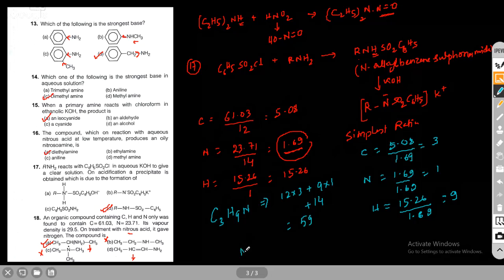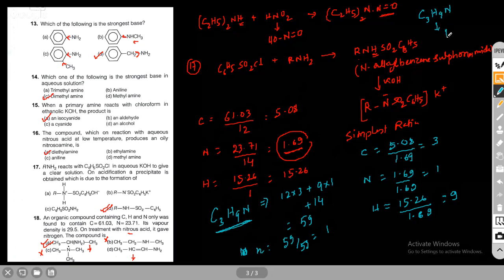The molecular mass we already know is 59. So n is the molecular mass divided by the empirical formula mass, which equals 1. Since n is 1, the molecular formula is the same as the empirical formula: C3H9N.